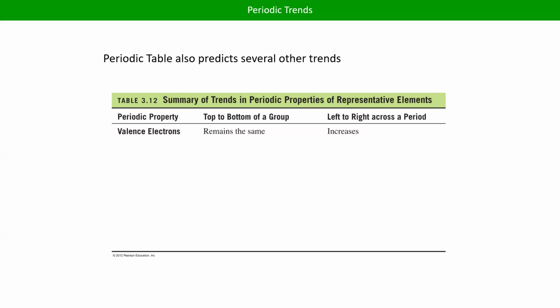Protons are positively charged, so as you add more protons to the nucleus, it sucks the electrons in a little bit tighter. So as you go from left to right in the same row, elements will actually get smaller. So fluorine is actually smaller than carbon, even though it's heavier. And even though it has more electrons, all of the electrons are still in the second energy level.